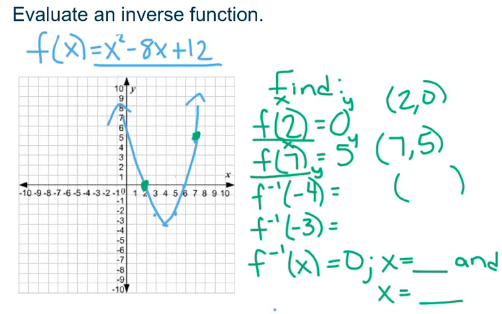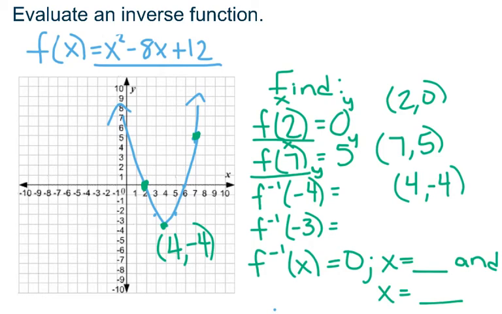We're trying to figure out what is the x-coordinate when the y-coordinate is -4. So you're looking on your graph. What's the only point on there that would have a y-coordinate of -4? And it would be this one right here. That point is (4, -4). So, what is the x value when y is -4? Positive 4.